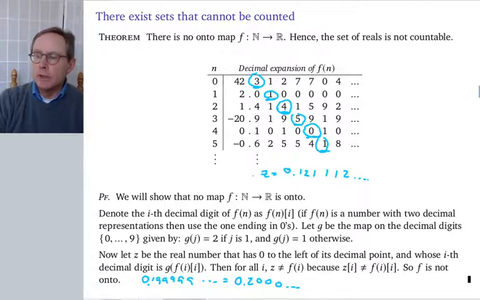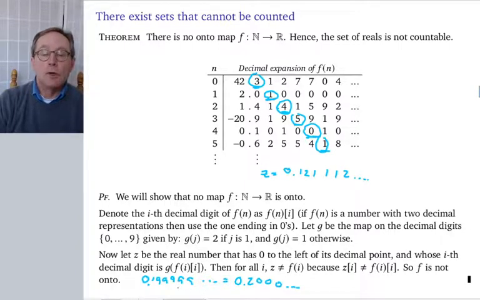But that throws a little monkey wrench in this idea because you say, well, all right, so you came up with a representation that's not on the list. Well, so what? Maybe the number's on the list, but this particular representation isn't on the list. Okay, but all we have to do is be a little bit careful, is that numbers have 2 representations in decimals if and only if one of them ends in 9s and the other one ends in zeros.